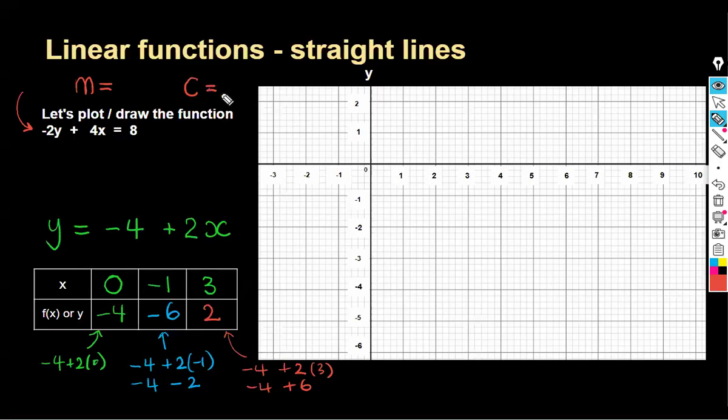See if you can reason it out for me. Most people get this particular question wrong. That's okay, still try. What's the gradient and y-intercept, your m and c value for the straight line?